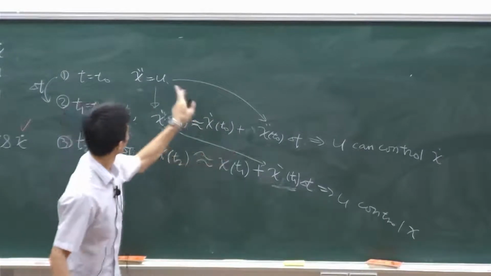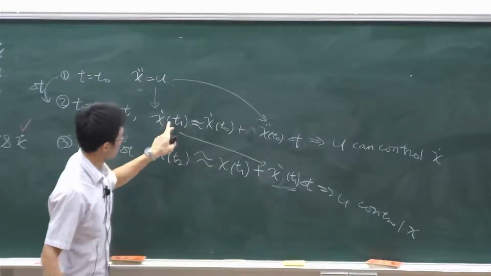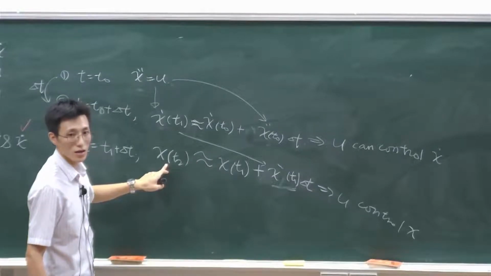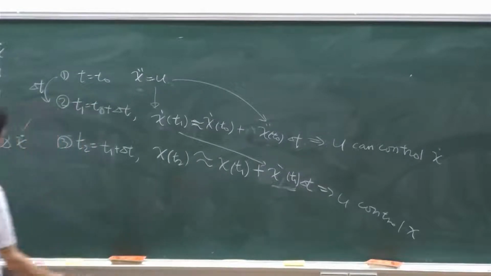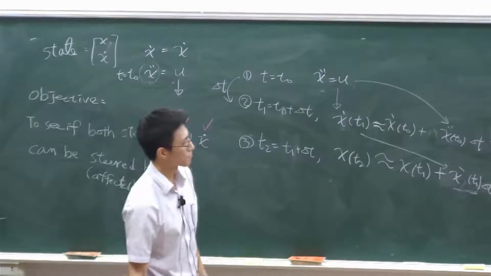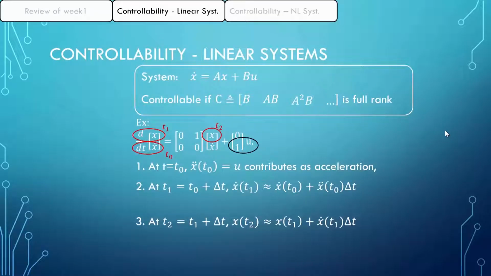U can control velocity, and velocity can control your displacement, so you can control x. So this system is controllable.